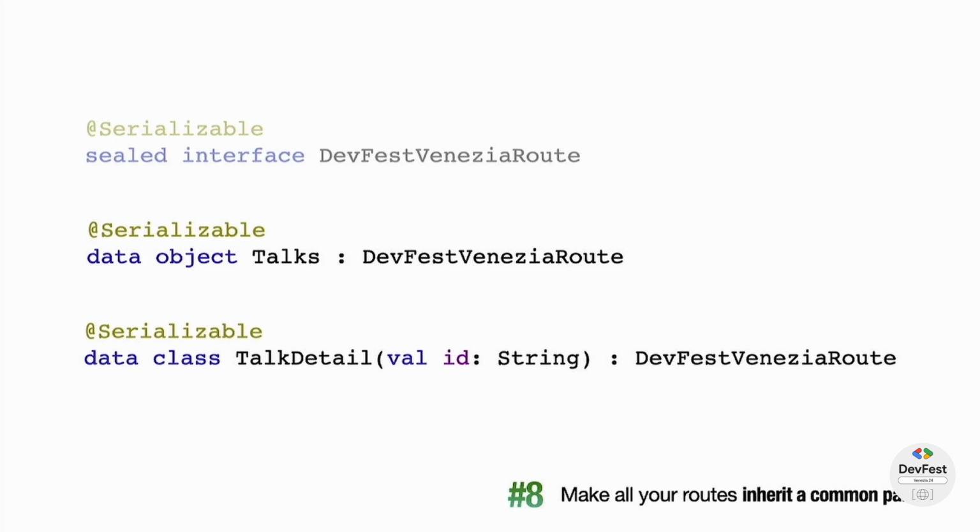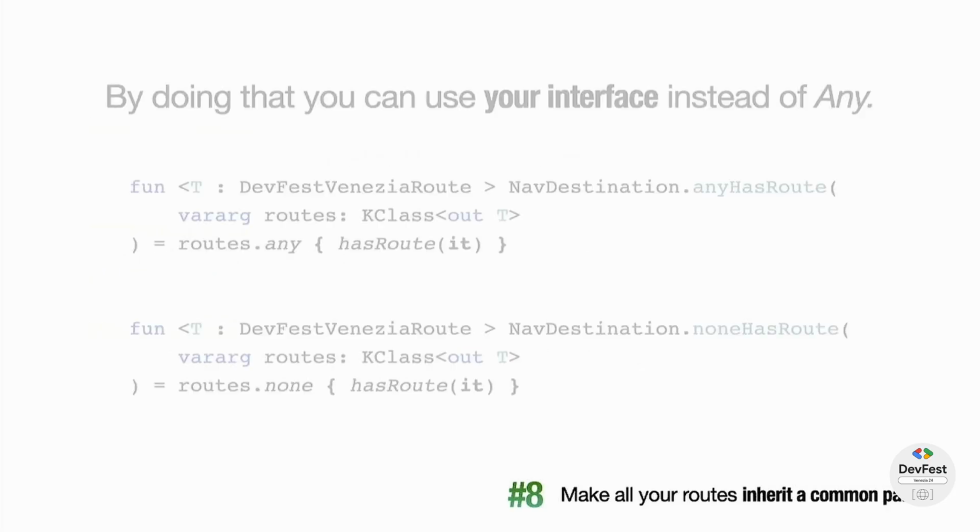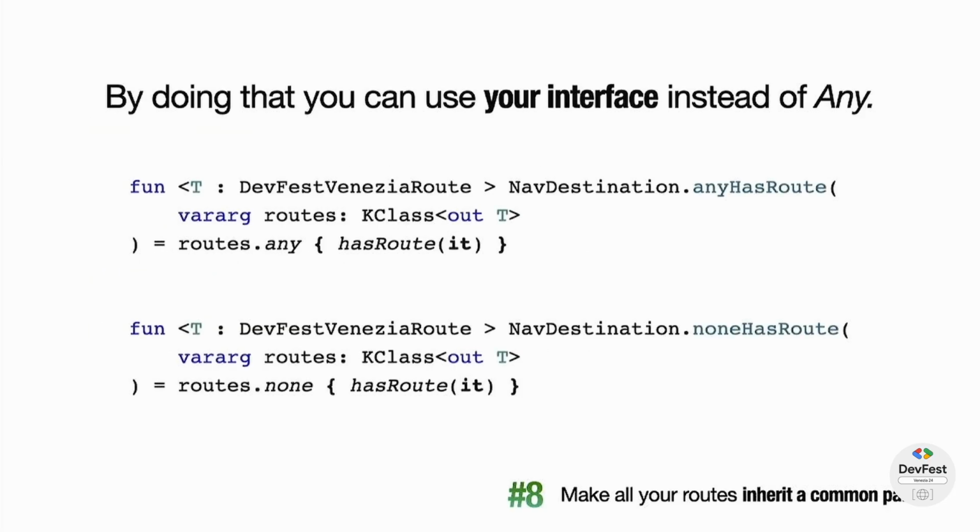But while they do that, you can circumvent that by creating a sealed interface and making all your routes extend from it. And what is the advantage other than type safety? That if you want to write some extension functions or whatever, instead of using Any, which will take into consideration anything else in the application, you can use your type, right? And this will represent all your routes.